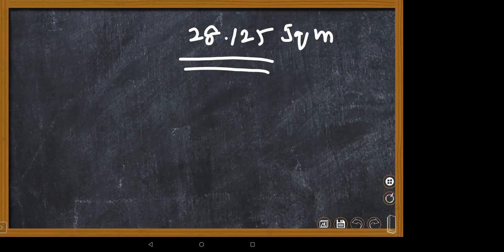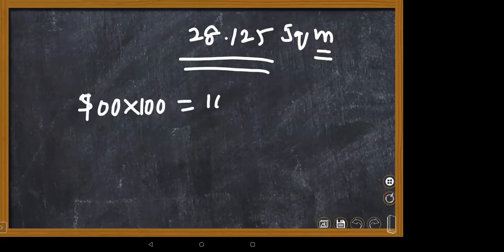So 3 places will be used for removing the decimal and 1 zero. So for meter to centimeter, generally you need to multiply with what number, children? 100, ma'am. Square 100. 1 meter is equal to 100 centimeters, 100 into 100 means 10,000.